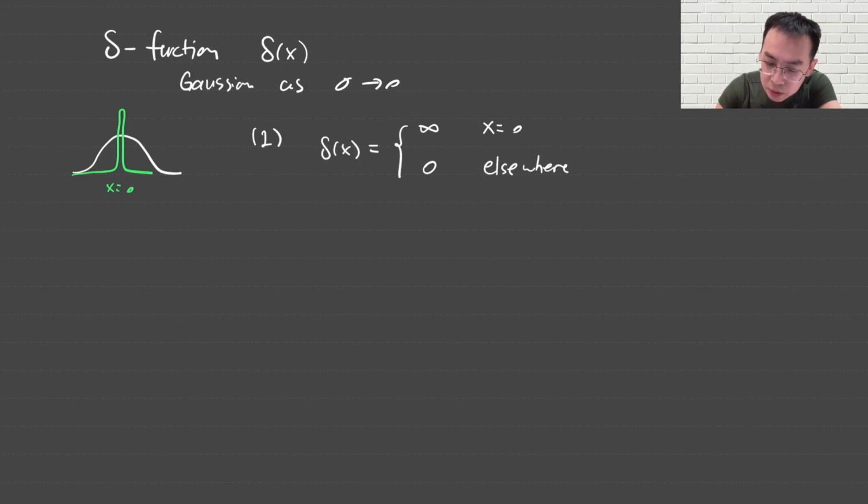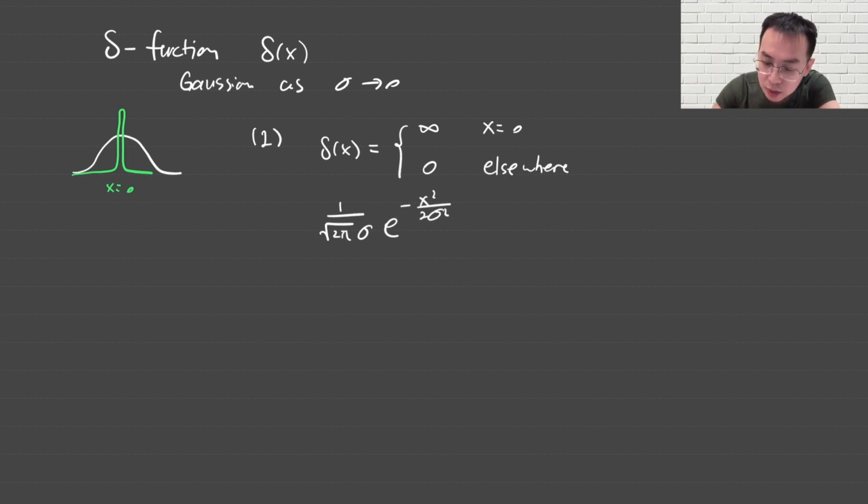So why this makes sense is that if we write out the PDF, the probability density of the Gaussian, we'll immediately see that. The Gaussian density is something like this, right? 1 over square root of 2 pi sigma, times the exponential of minus x squared over 2 sigma squared.